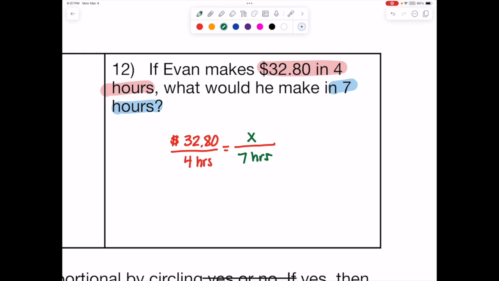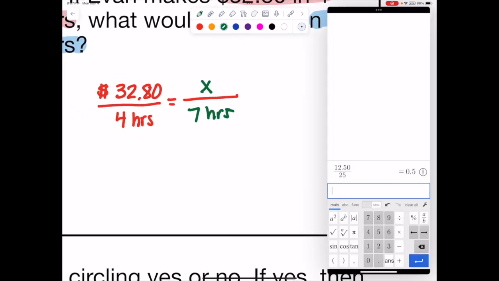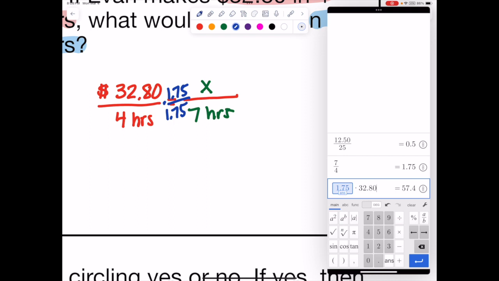Let's go ahead and solve for x. Let's see if we can find the multiplier. Okay, so 7 divided by 4, and let's see if this works. It does, 1.75. So we can multiply by 1.75 over 1.75, and that should get us our answer then. So I'll take the 1.75 times 32.80. And there we go.